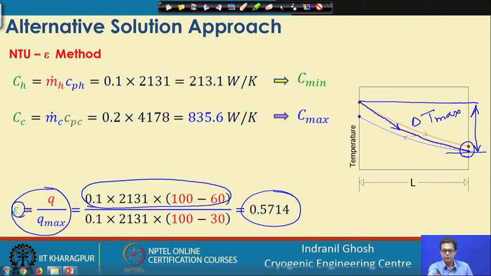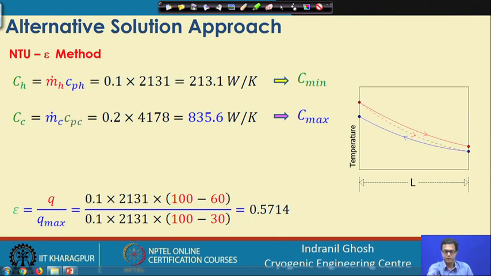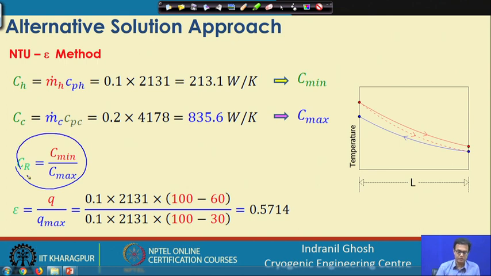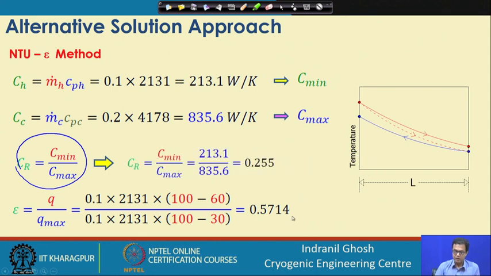Now, if we find another parameter, C min by C max, that is equal to CR, the ratio of the two heat capacities, the minimum and the maximum. This will come out to be 0.255.